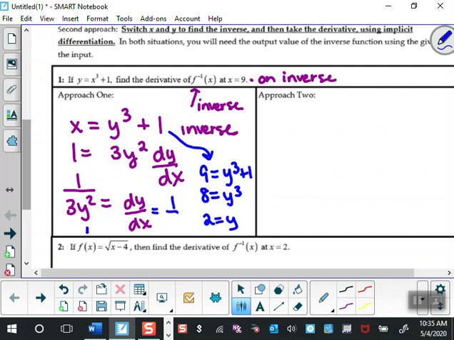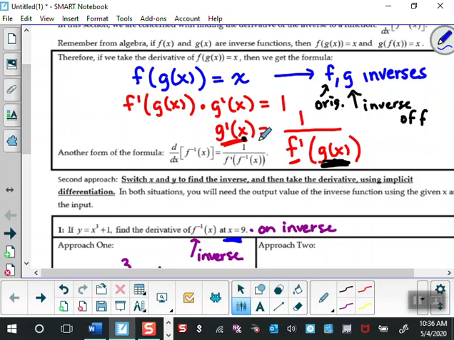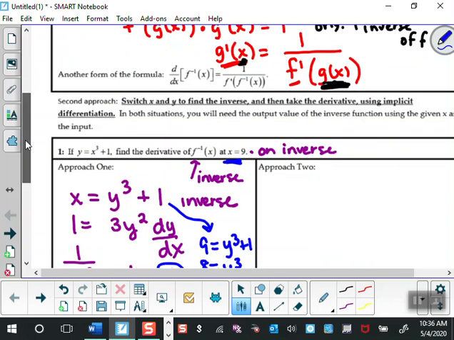And then that y goes here. So I've given you an x, you have to find the matching y from the inverse, and that's what goes into the derivative. The derivative of the inverse at a particular x is 1 over the derivative of the original function, but at that particular y. Here's the original function.